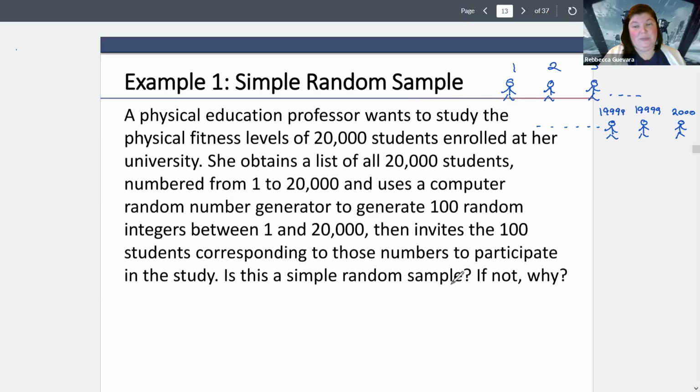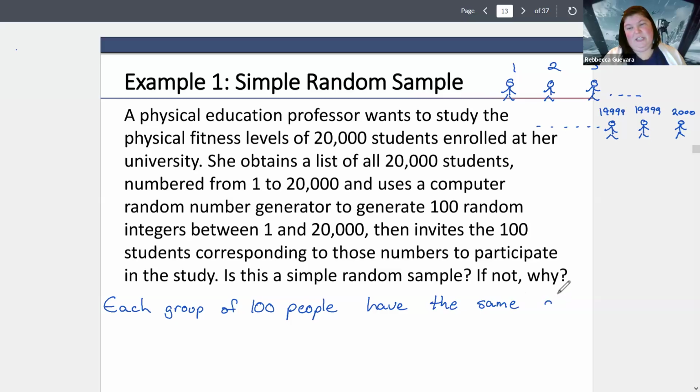So we want to know, is this a simple random sample and why? Well, I would say yes, it is a simple random sample, because if I select 100 people, there's nothing that makes one group of 100 more likely than another. So each group of 100 people has the same chance of being selected.